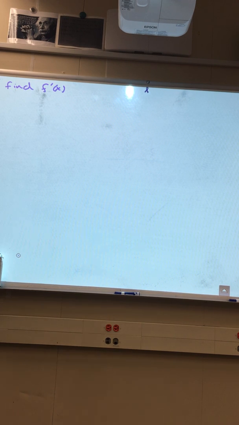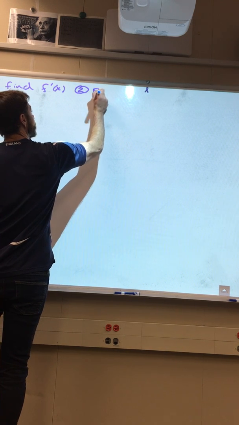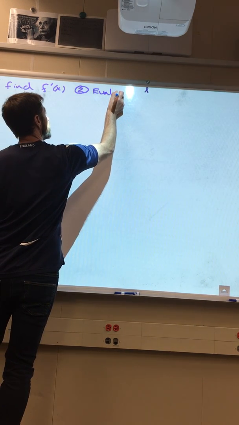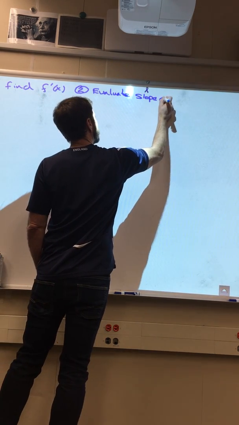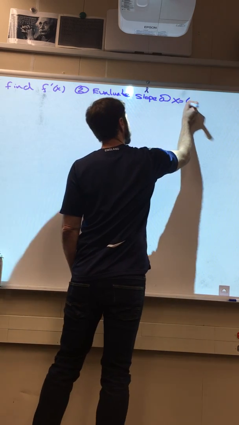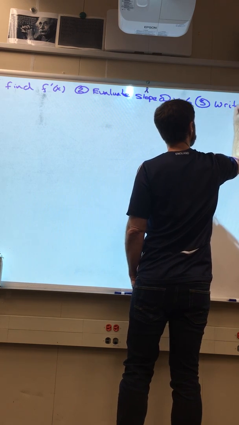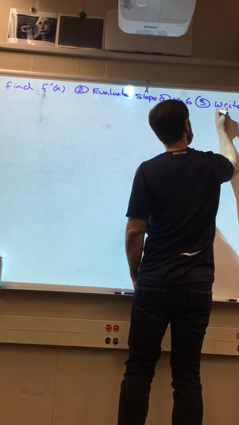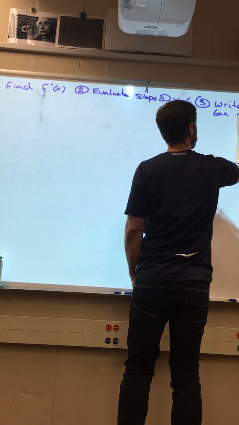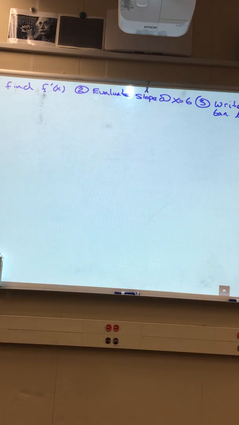Once we've got our slope finding function, we're going to evaluate the slope at x equals 6. And then finally, we're going to write the equation of the tangent line to the curve at that point.